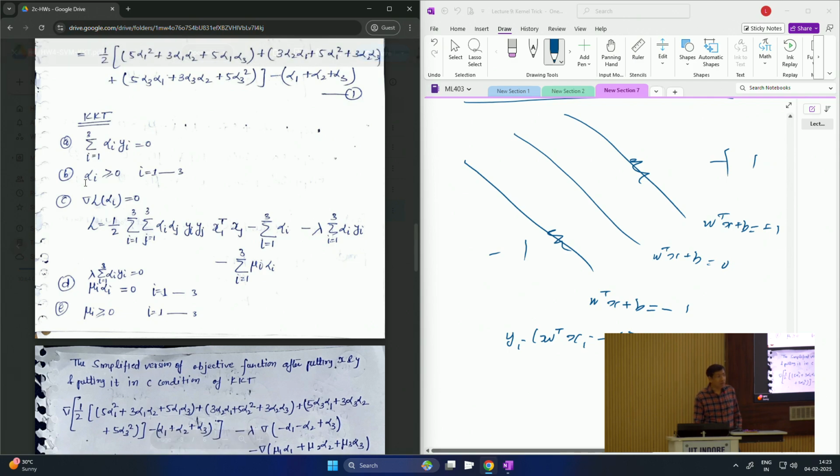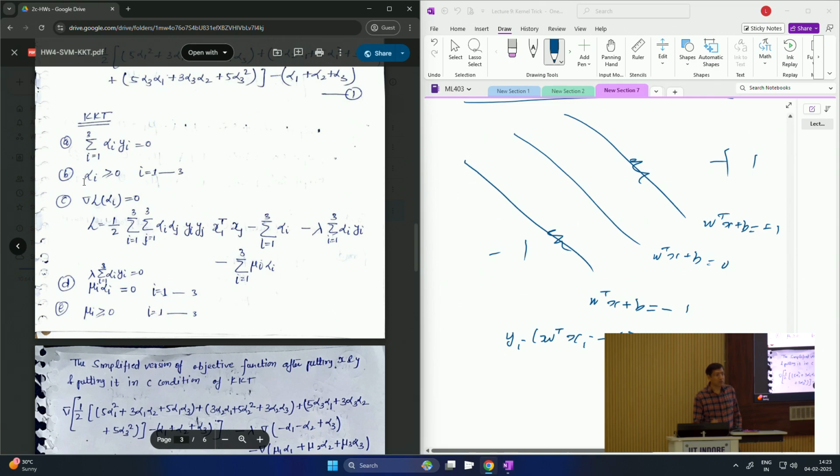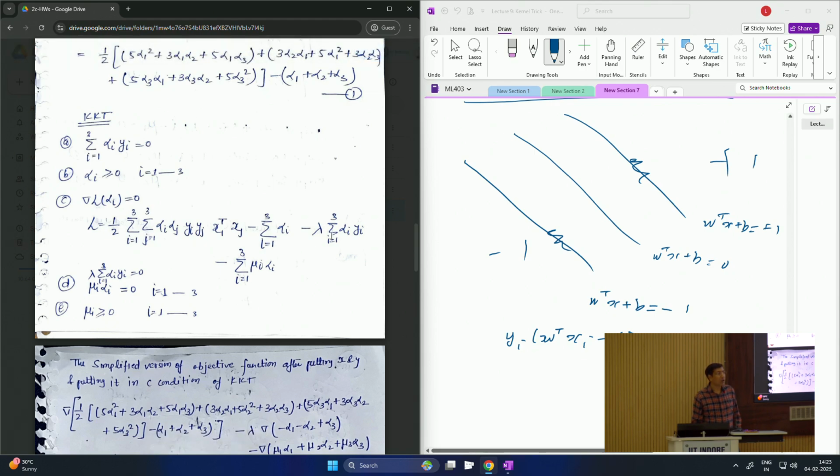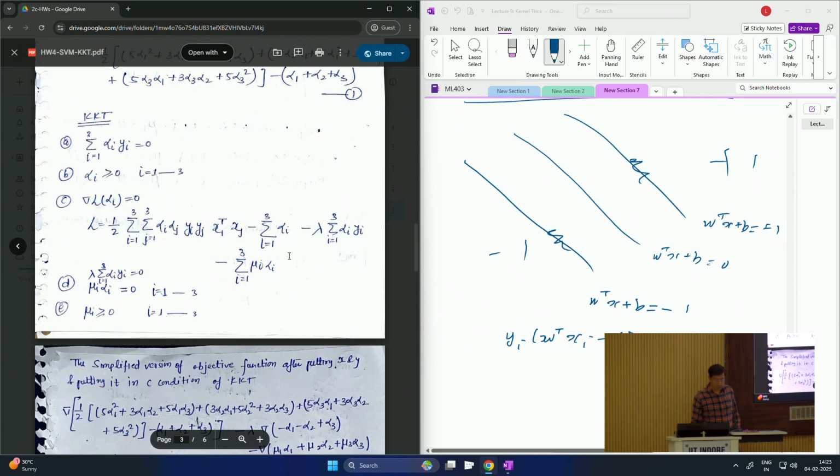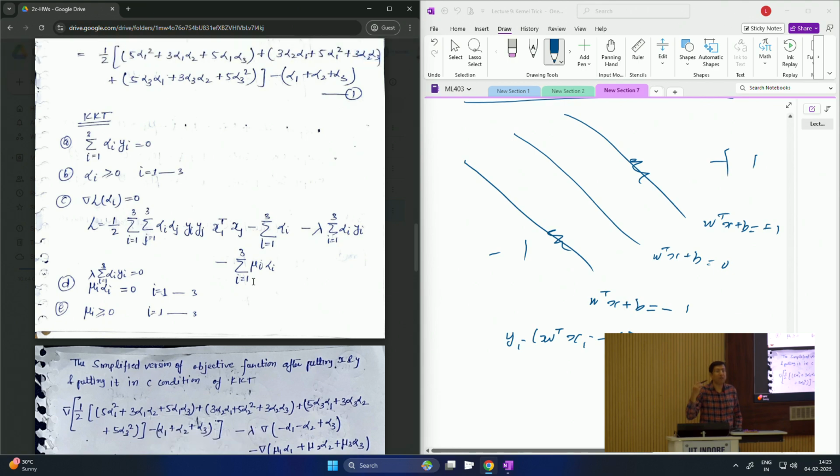But we have multiple inequality constraints, alpha 1 greater than 0, alpha 2, alpha 3, so we have 3 mu's, mu1, mu2, mu3. So now you can see the difference why we were using alphas and not lambda and mu, because lambda and mu come in while solving the dual problem. So that's why we used alpha earlier.